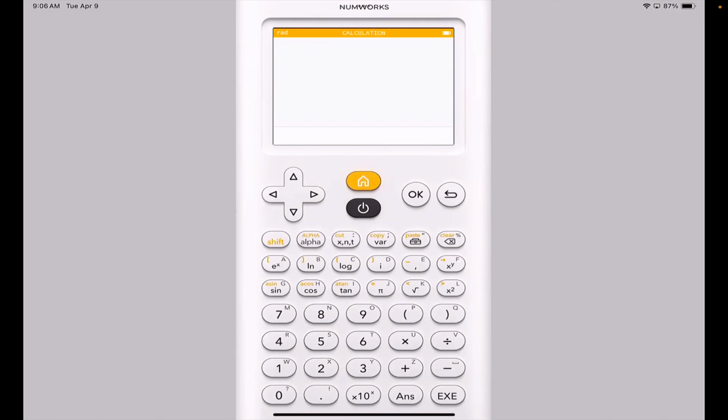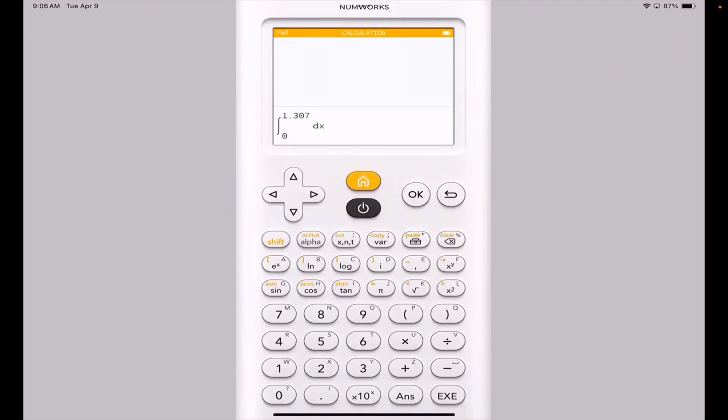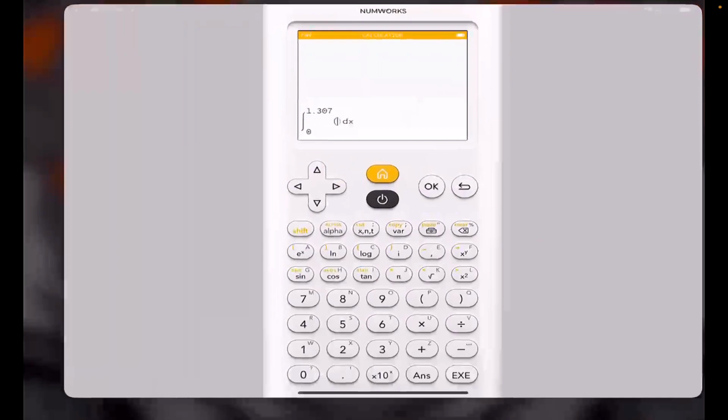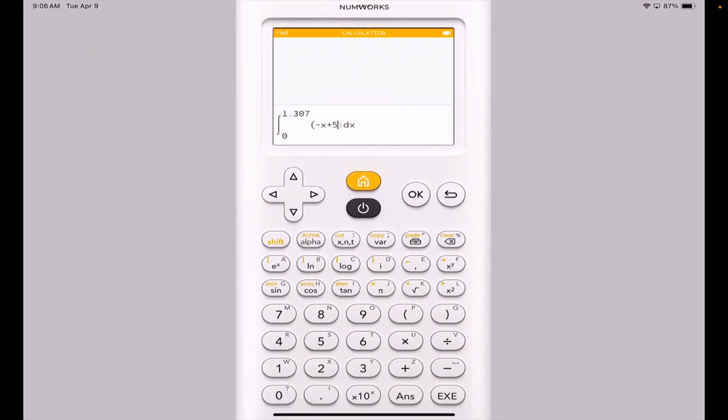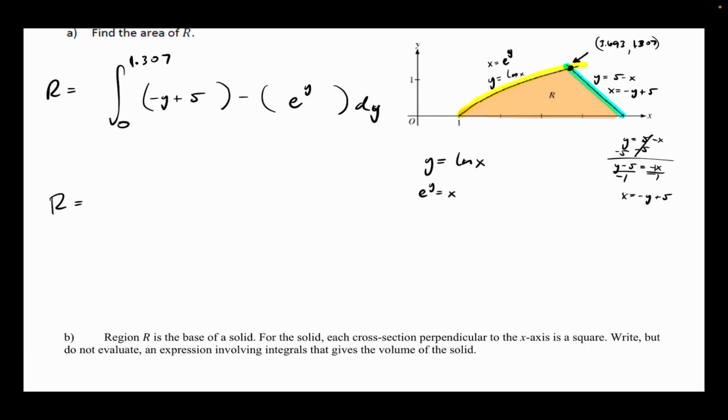Let's see what I get. 2.985. That's the area.